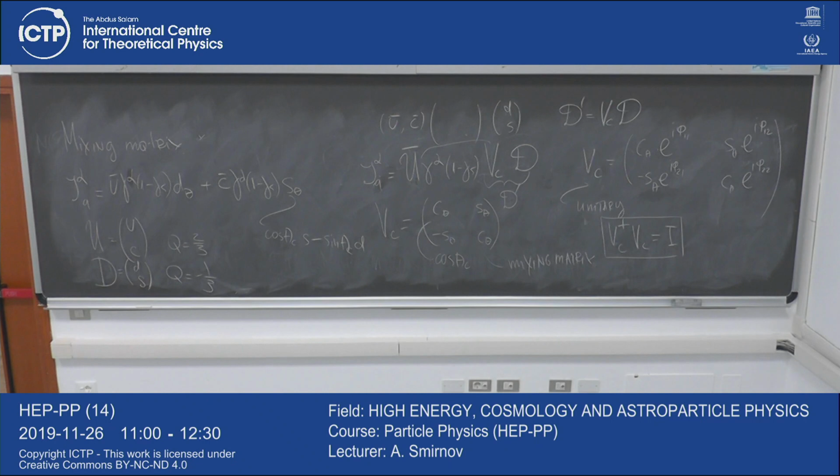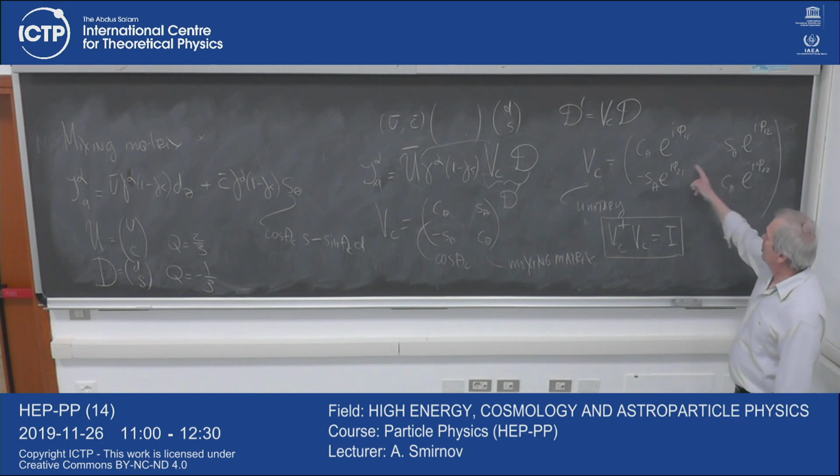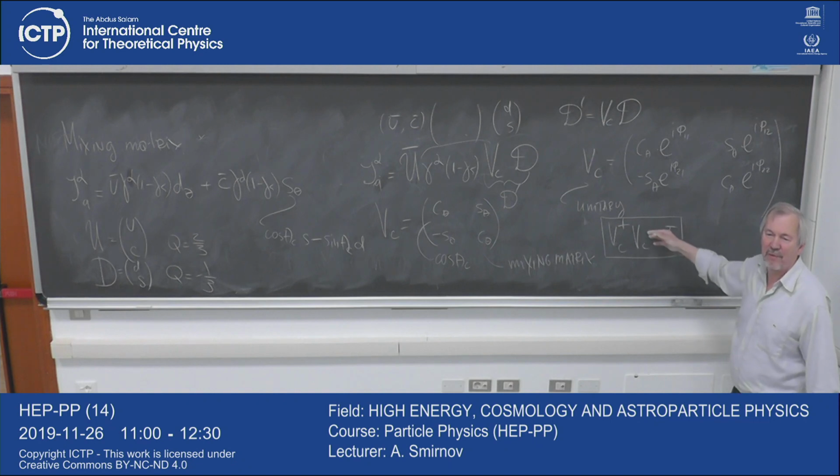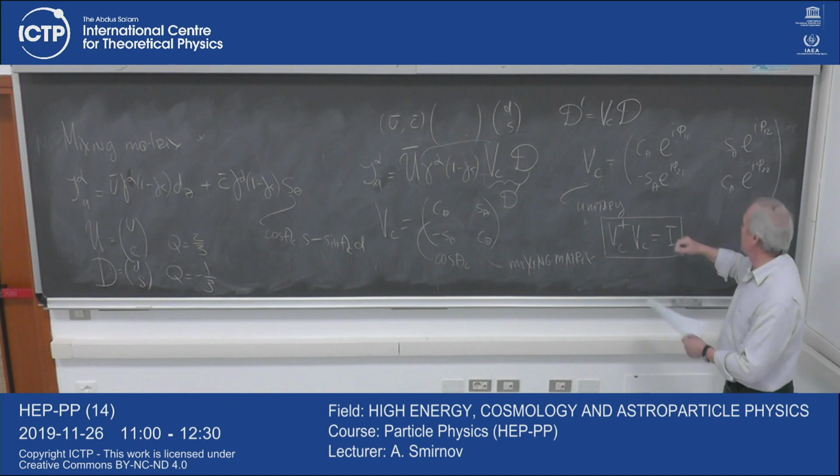Now, what does unitarity give to us? Unitarity gives, in this case, one condition. So if you insert this matrix, and to have this unitarity, that actually gives you 4 conditions, right? Because you have a 2 by 2 matrix, and this is the unit matrix, and then you need to do the things.